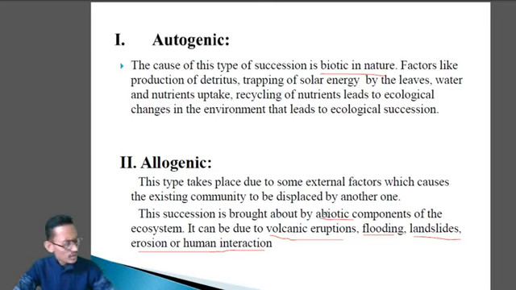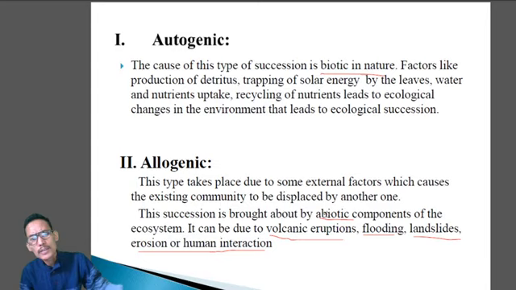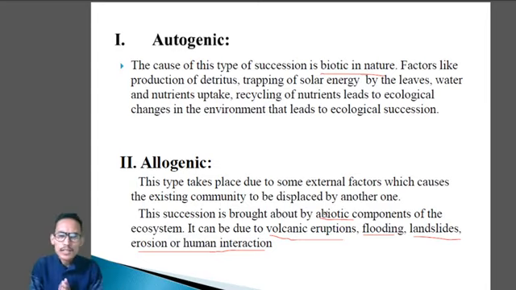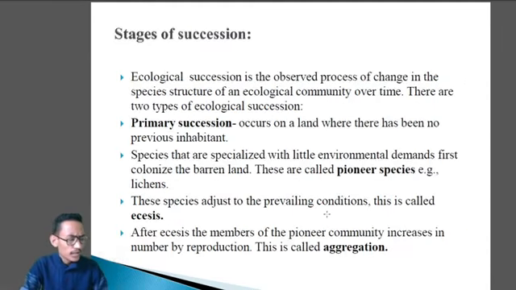So autogenic succession is triggered by biotic factors where environmental conditions are changed by living organisms, whereas abiotic factors lead to allogenic succession. Clear?